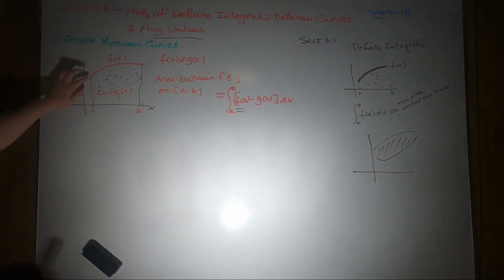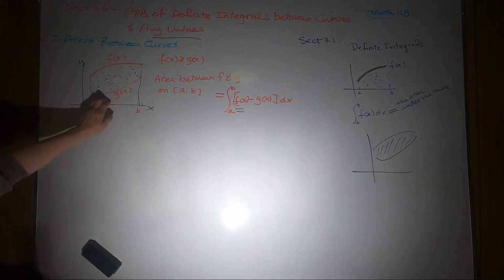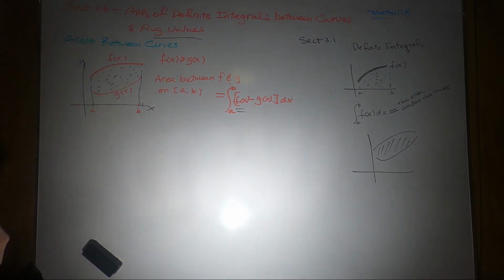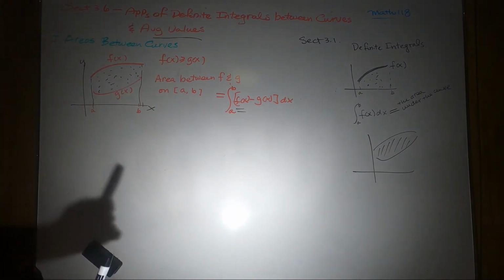You can see, obviously, if you do f of x, that would be the area under the f, this big part. Then g of x would be the lower part. So your top part, total, minus the bottom part, would be the area in between. We will use this idea to do average values later.